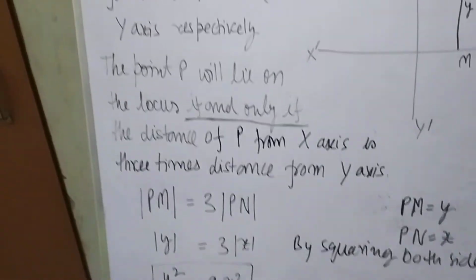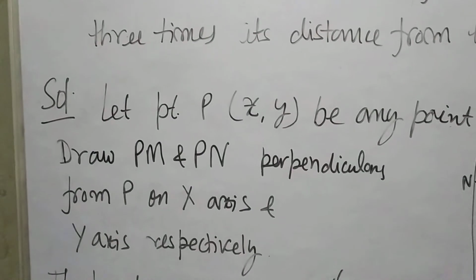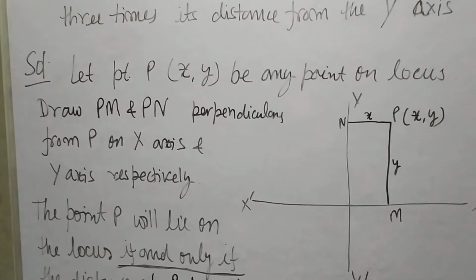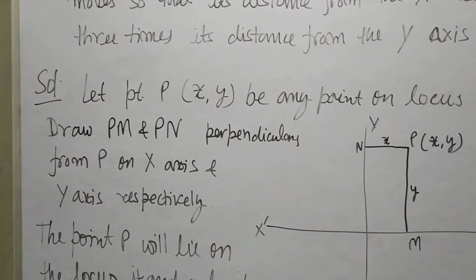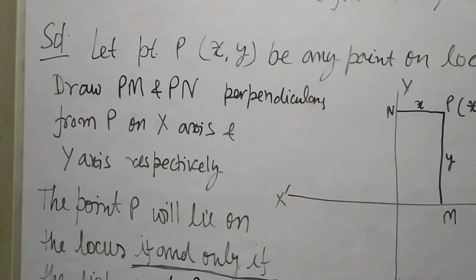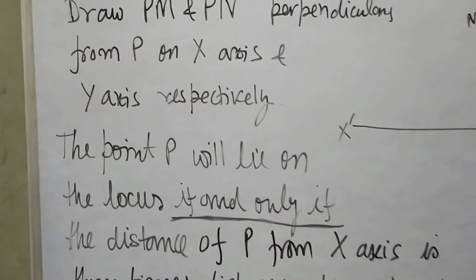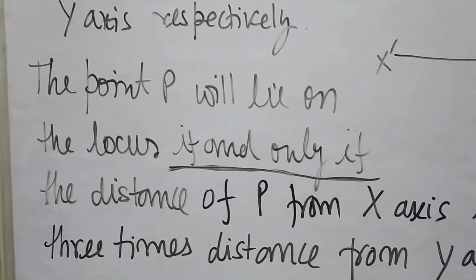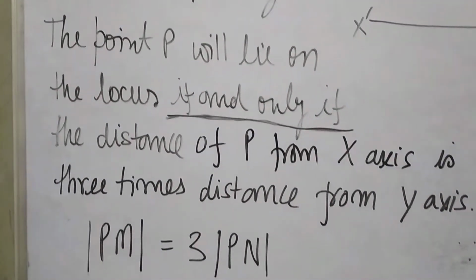The main thing is to understand the problem, which is written in the form of a story, and that story is to be converted into mathematical form. If this mathematical form is as per the given condition, then, if and only if, I again repeat, you will get the correct answer.